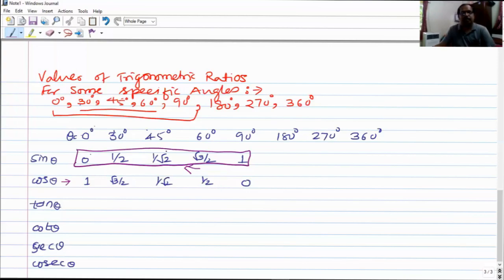So 1 comes here as cos 0, then root 3 by 2 comes here, 1 by root 2 remains as it is, then 1 by 2 will be the value of cos 60 and then comes 0, right?